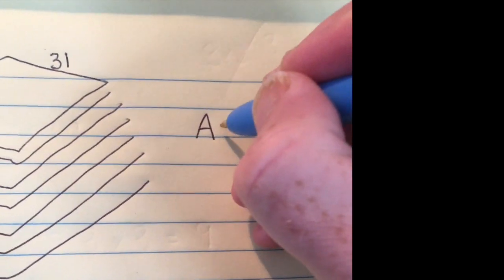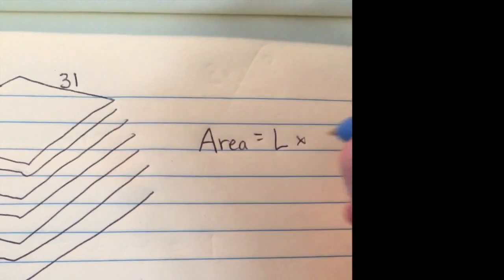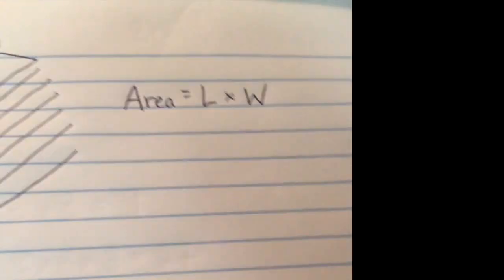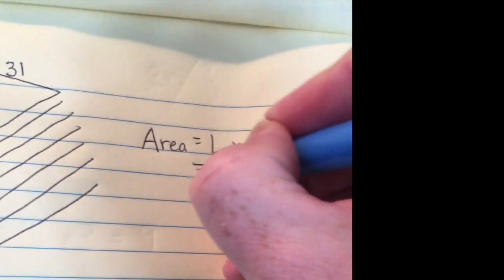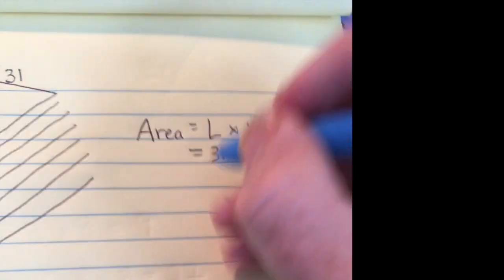Interesting. So to find the surface area, it would be length times width, which was 31 centimeters times 31 centimeters. And I'll show you how best to do that on your calculator.